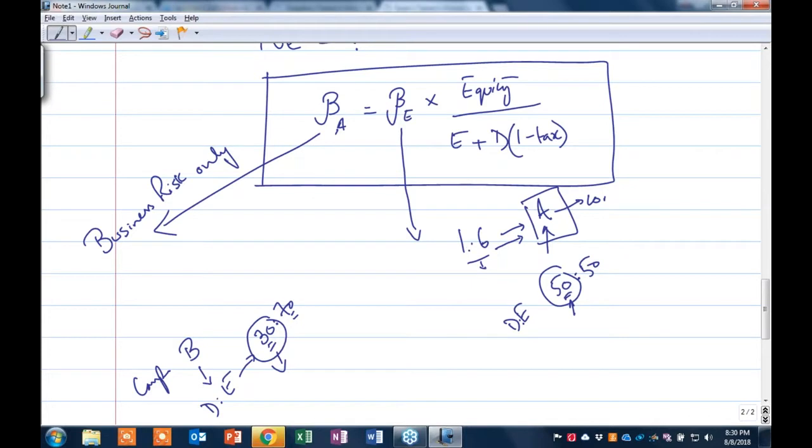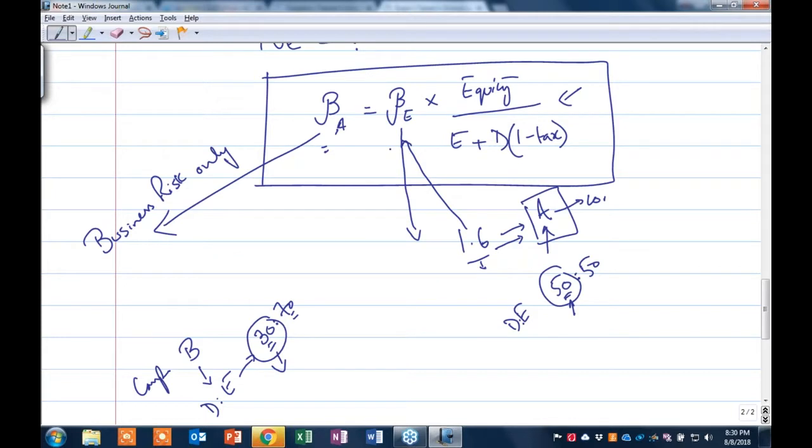Now what we'll do is we'll put this equity beta into this equation and we'll use the debt to equity ratio of this company here and try to find out the asset beta of this company, which will only be showing the business risk. And definitely that asset beta will be lower than 1.6 because it will only be showing the business risk of the company.